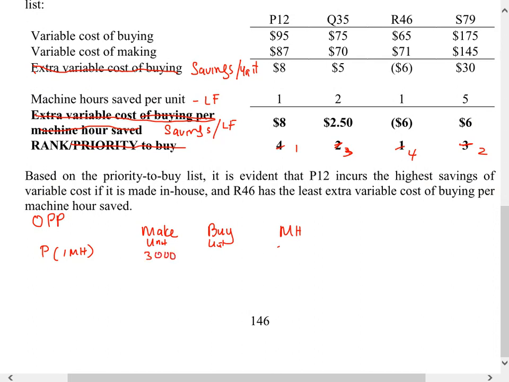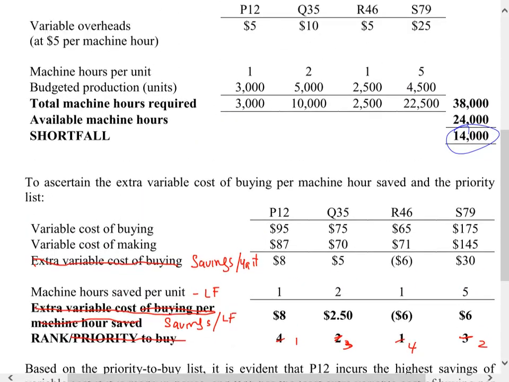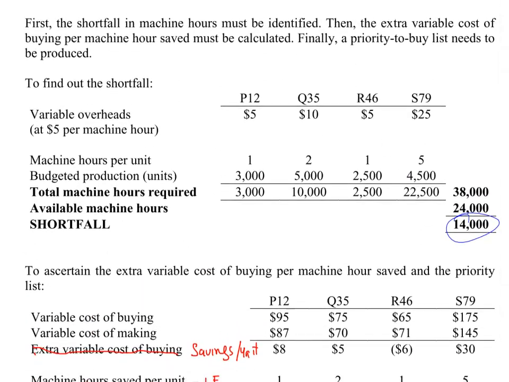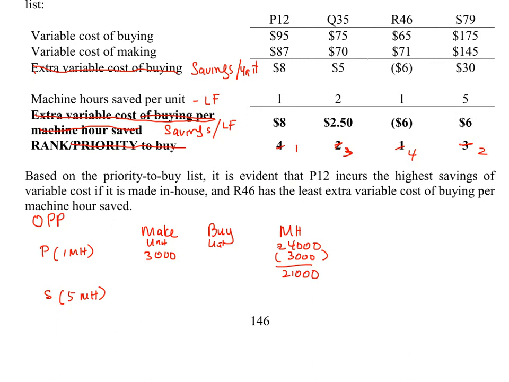This is 24. $4,500, so it will be 22,000.